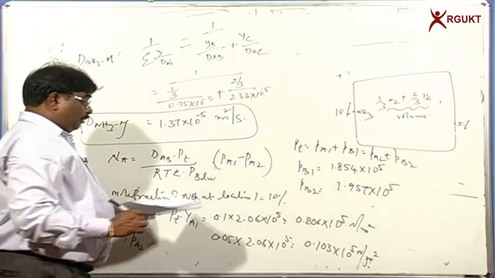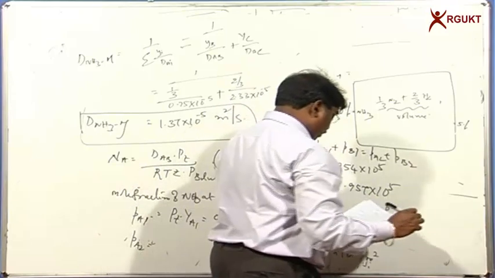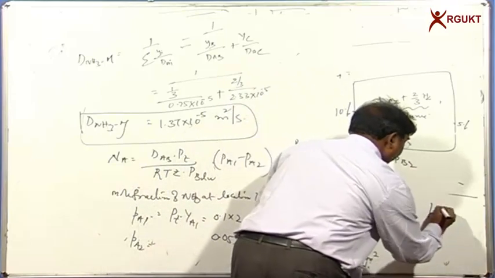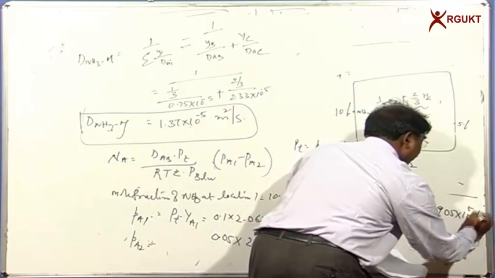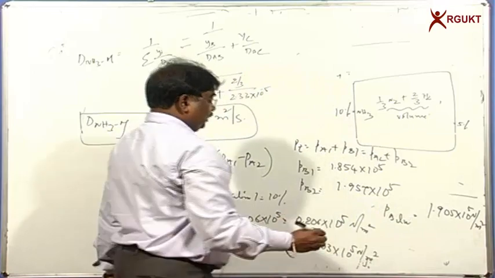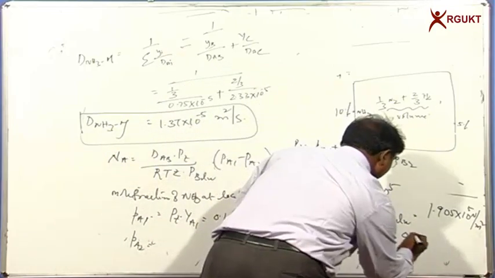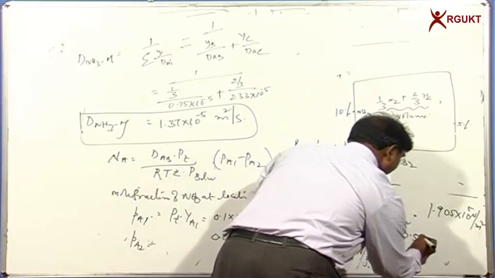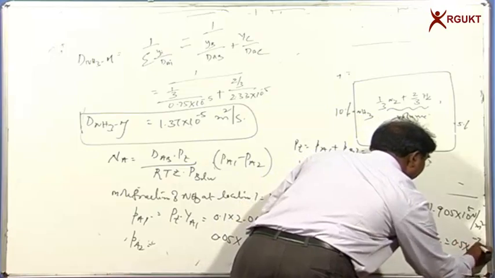Right? Now we have to estimate the P_B,lm. That P_B,lm is equal to 1.905 into 10 power 5 Newton per meter square, and our film thickness Z is equal to 0.5 mm, that is equal to 10 power minus 3 meters.